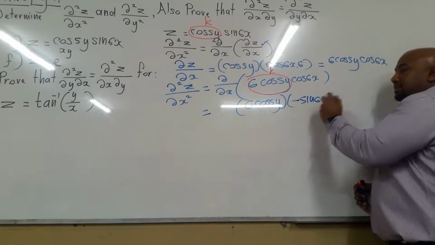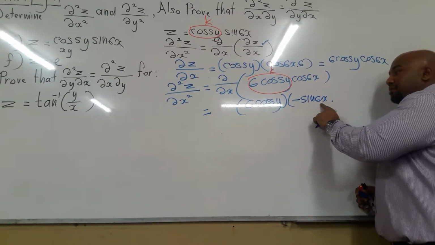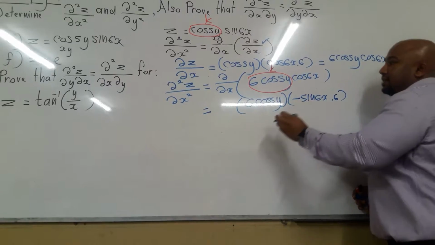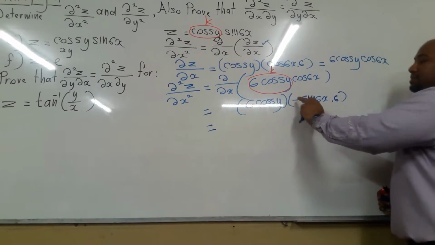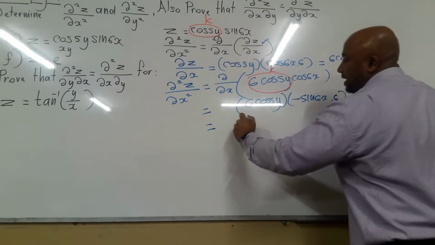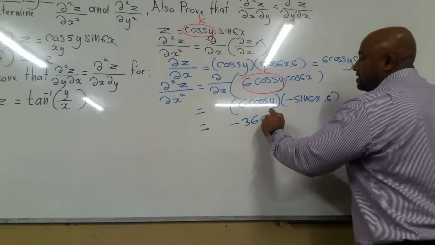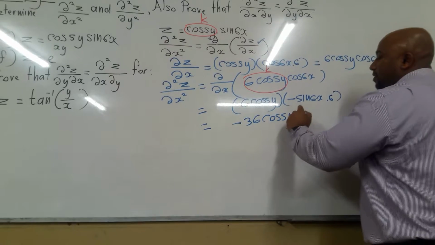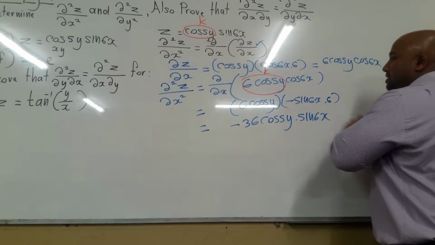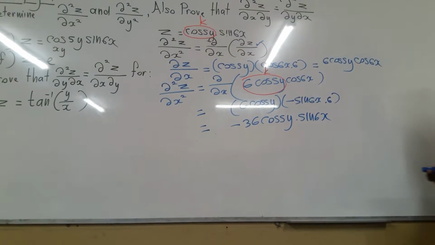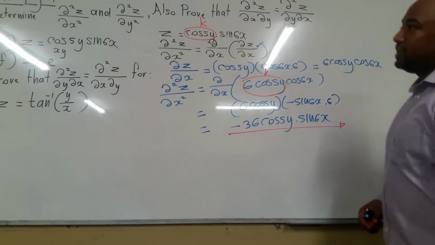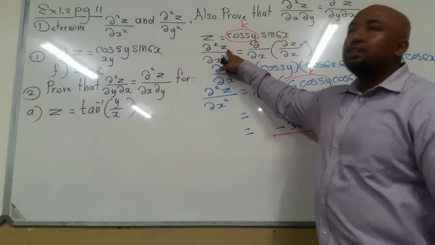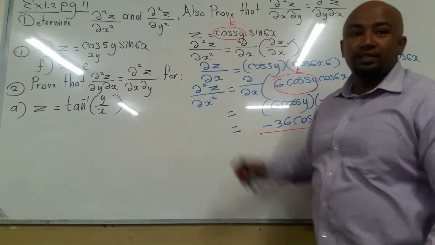Am I done there? No. Times the derivative of 6x, which is 6. If I simplify there, that will be 6 times negative 1 times 6, which will be minus 36 of cos 5y sine 6x. Alright, so what did I do? I just found d squared z over dx squared.